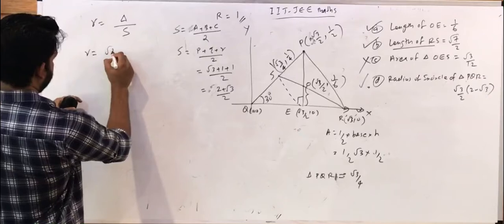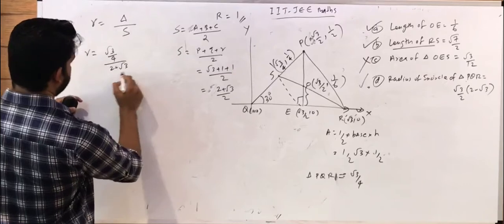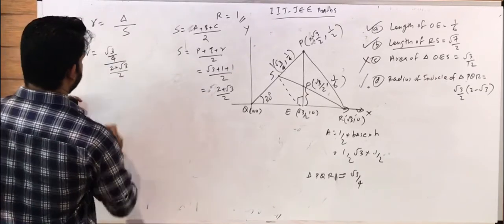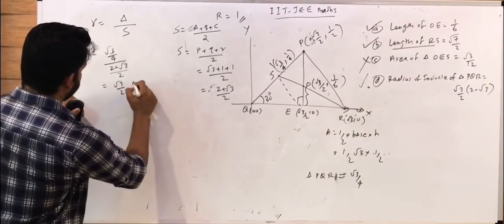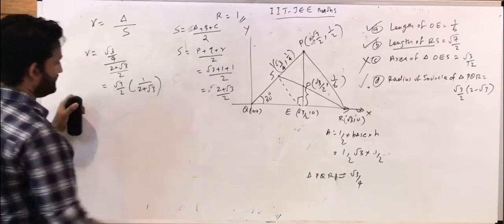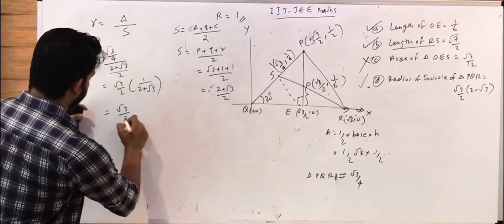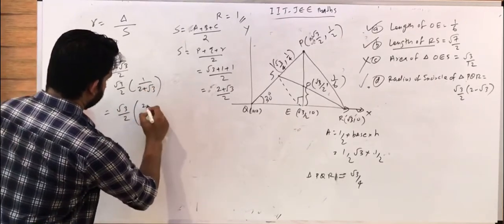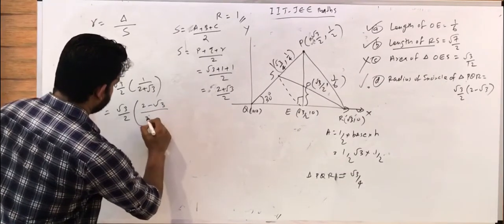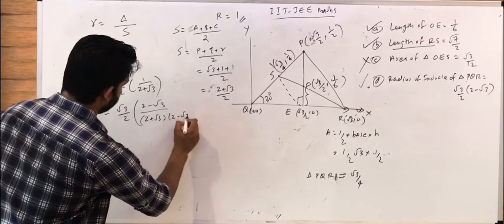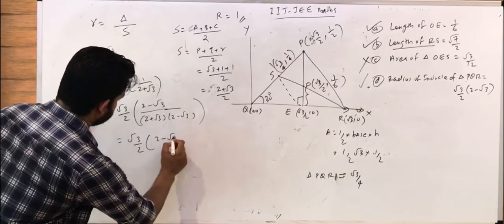So area is root 3 by 4 divided by 2 plus root 3 by 2. So this will become root 3 by 2 into 1 by 2 plus root 3. Okay. So if you multiply with the conjugate, we get root 3 by 2 into, multiplying with 2 minus root 3, divided by 2 plus root 3 into 2 minus root 3.